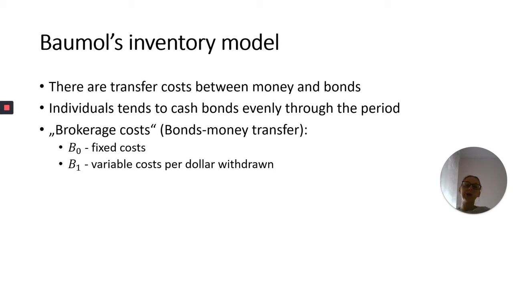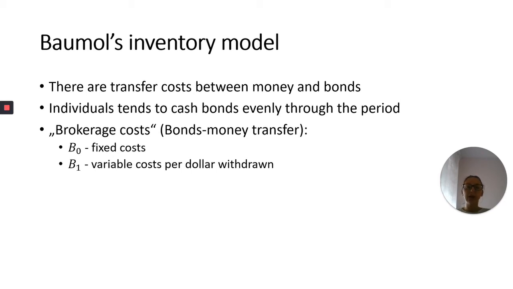I want to draw your attention here that those brokerage costs are not necessarily only monetary costs. That is, different intermediation payments that we ought to pay to a financial intermediary, but it's also timing, also efforts we need to make in order to withdraw money.